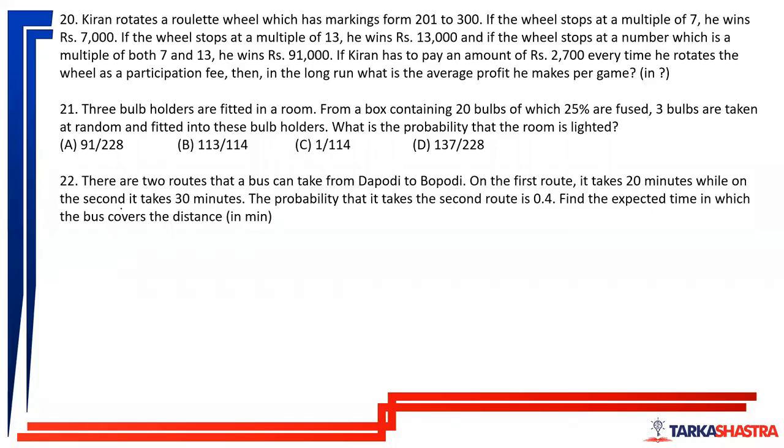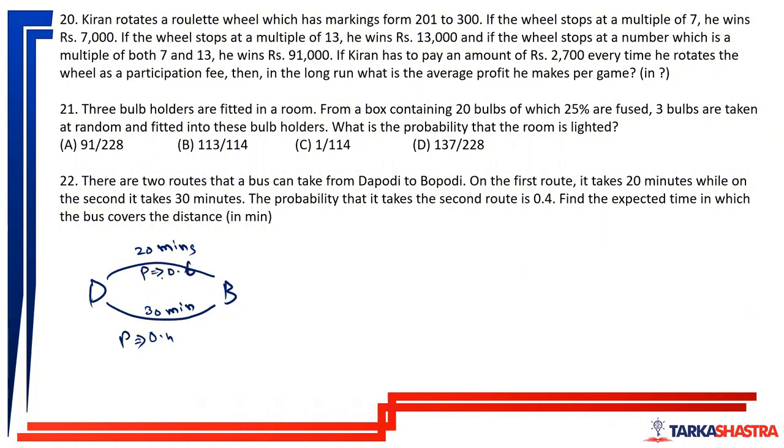There are 2 routes that a bus can take from Dapodi to Bopodi. On the first route, it takes 20 minutes, while on the second, it takes 30 minutes. The probability that it takes the second route is 0.4, so obviously the probability of the first route will be 0.6.